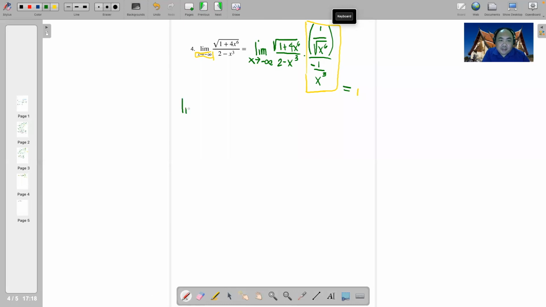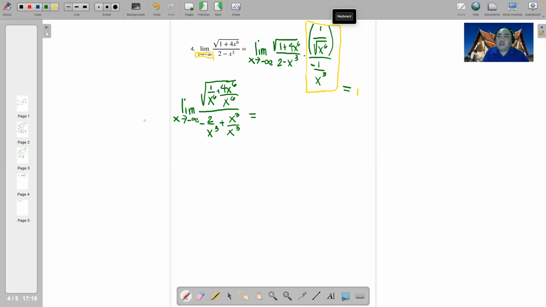The limit of, we have now the square root of 1 over x to the sixth plus 4 x to the sixth divided by x to the sixth, divided by, and then you distribute negative 1 over x cubed, so you will have negative 2 over x cubed plus x cubed over x cubed as x approaches negative infinity.